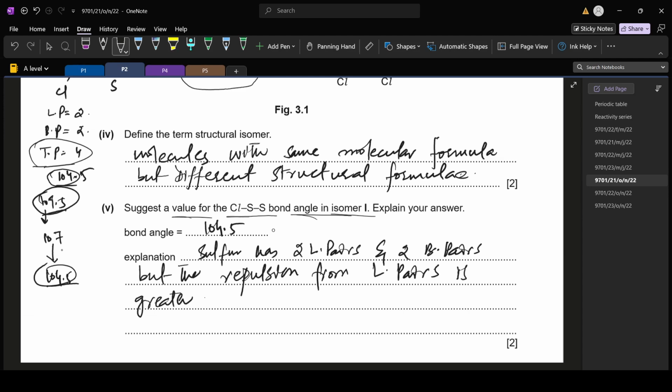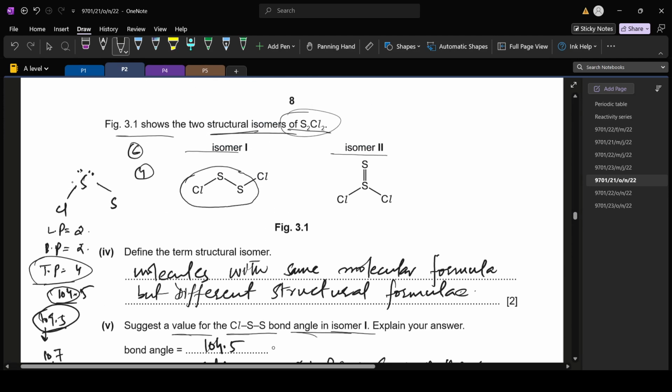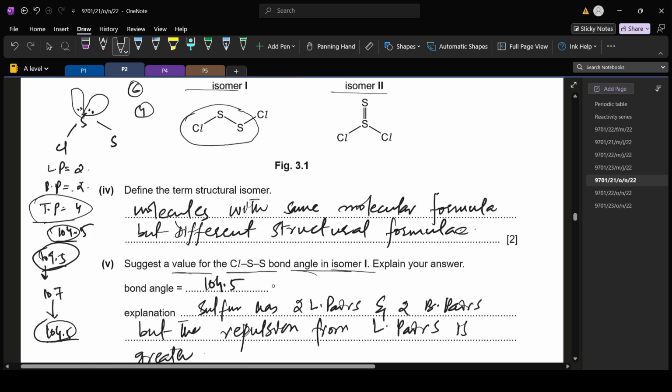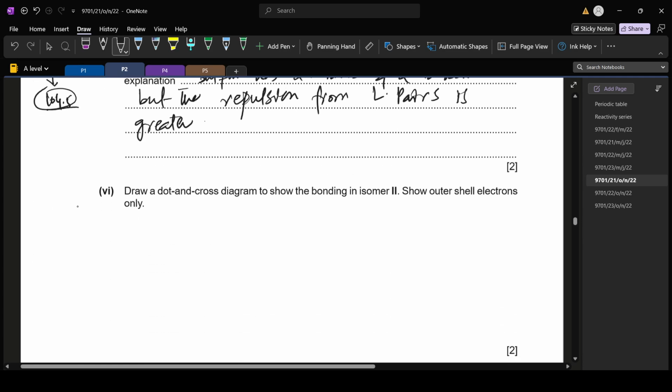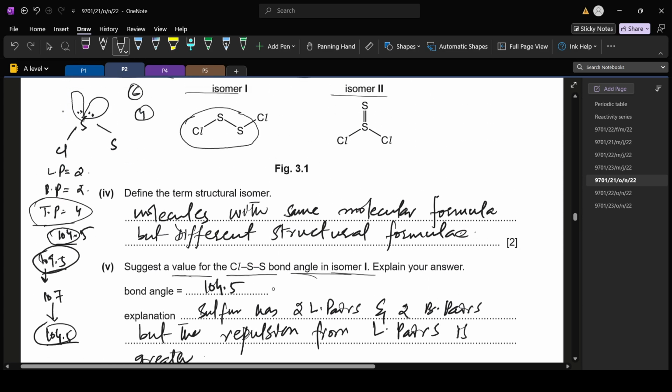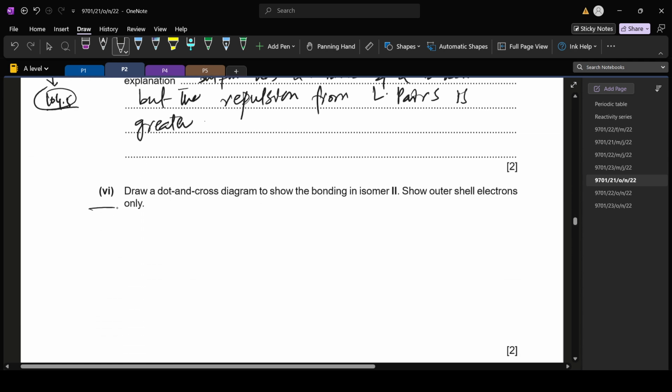Why is it greater? Because lone pairs repel each other more, so the repulsion from the lone pairs will be greater than from the bond pairs. That's why the shape is bent.